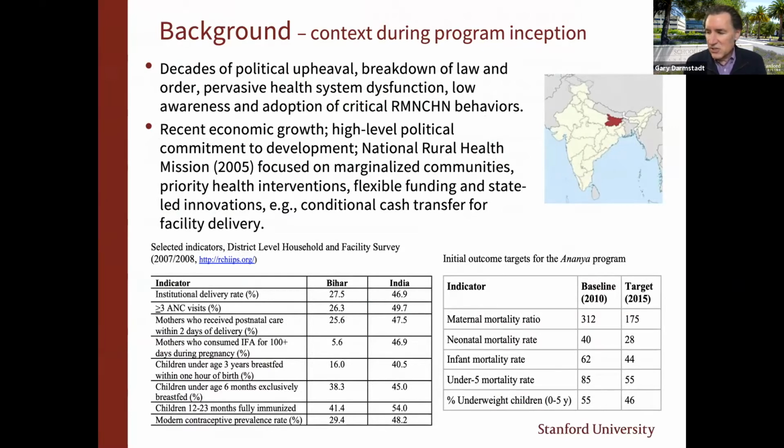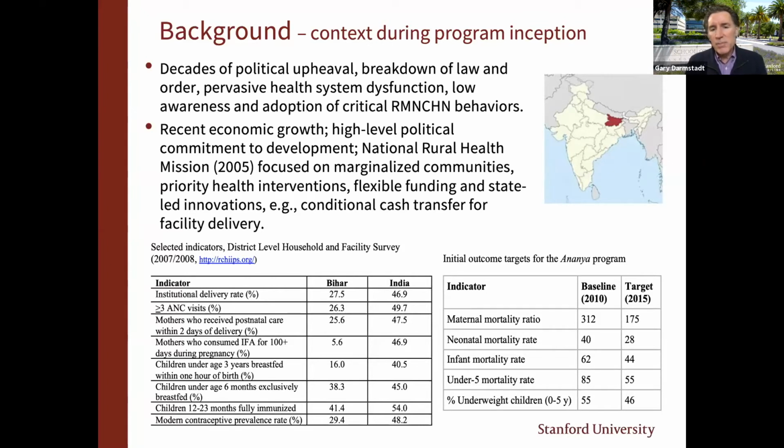That chief minister actually approached Bill Gates and said, "We want to create large-scale impact for health within our state. Will you help us?" And Bill Gates said, "Yes, we will," and funded bringing together the NGO and academic partners on this project.